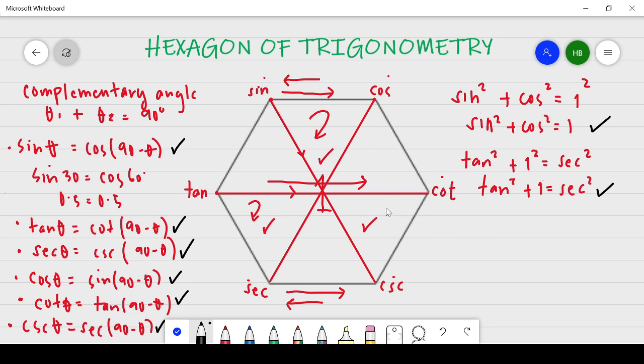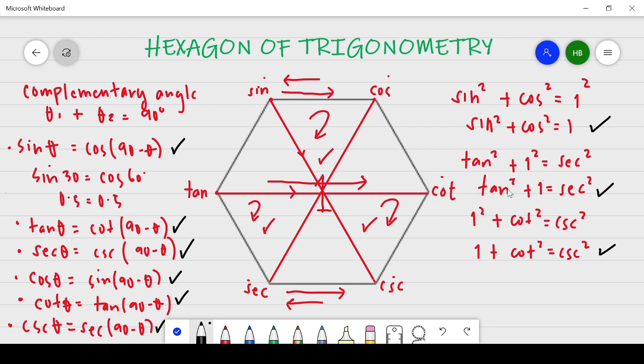Okay, so our last triangle will be this one. So of course, clockwise approach from 1 to cotangent to cosecant. So 1 squared plus cotangent squared is equal to cosecant squared. Of course, you have 1 plus cotangent squared is equal to cosecant squared, which is, alam natin tama din that these identities are derived from a Pythagorean triangle.